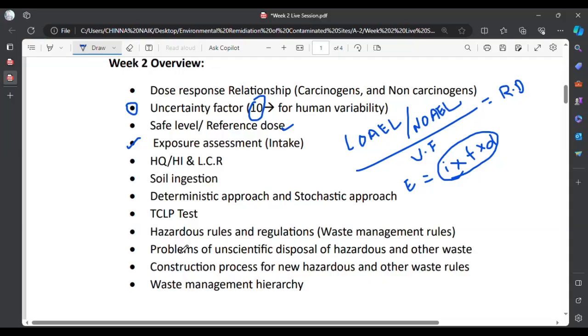Generally we measure intake in milligrams of carcinogen or toxic compound consumed by a human, in milligrams per kg of body weight per day.